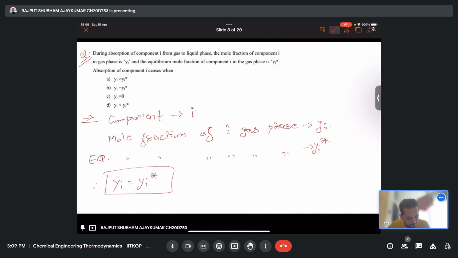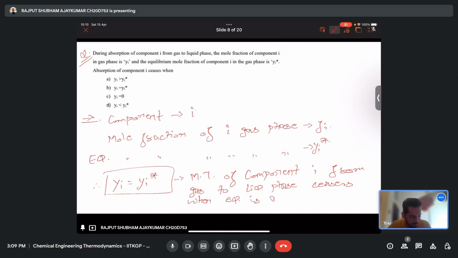That means mass transfer of component i from the gas to the liquid phase ceases when equilibrium is attained.